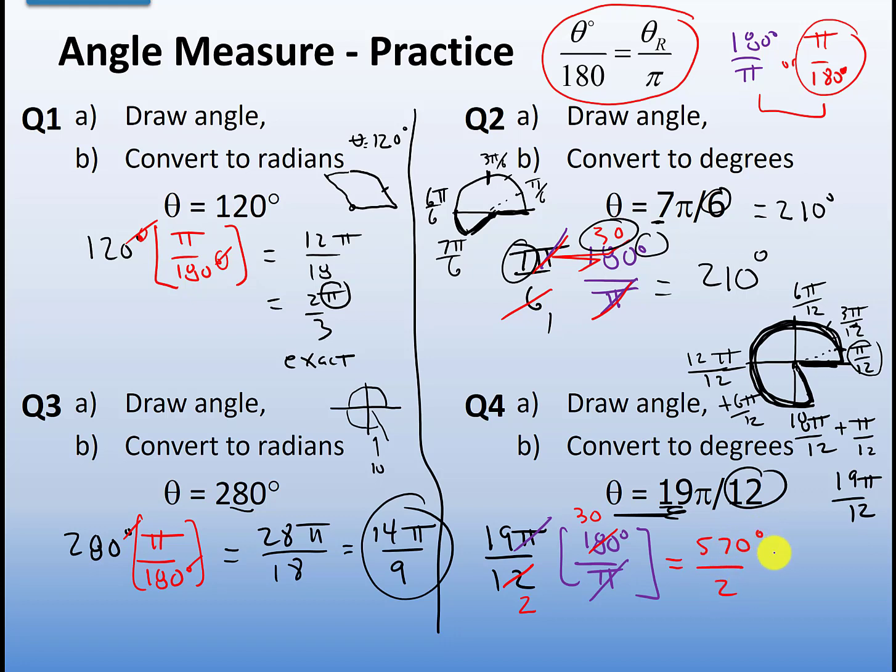Now it's degrees, and then finally divide that by, I'm going to get 285 degrees. And that kind of matches with the drawing because 270 is 3/4 of a circle. And so we went a little past 270 for the 19 pi 12ths.